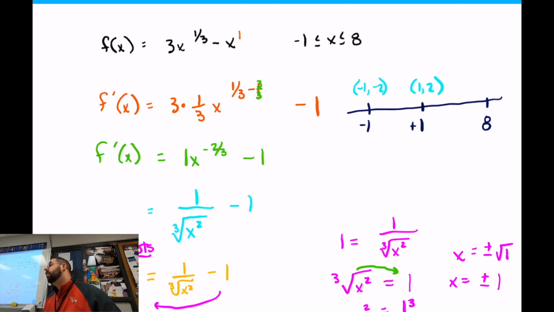Okay, all right. So if I plug in an 8 for this next part here, let's go back up. Plugging in an 8 into my original problem, I'm getting a -2 again. So it looks like on this particular problem, I have two minimums.